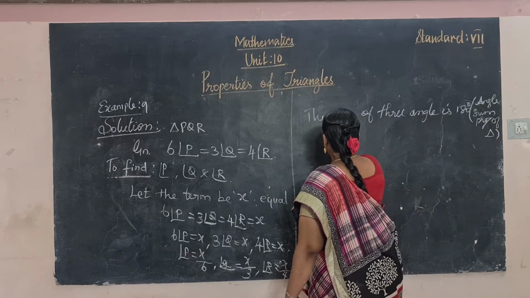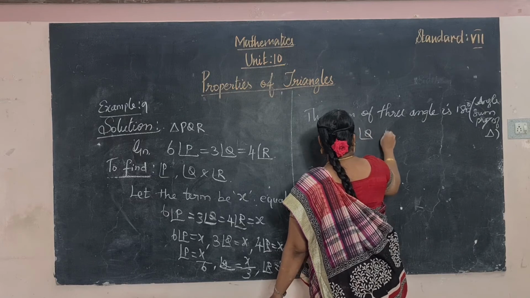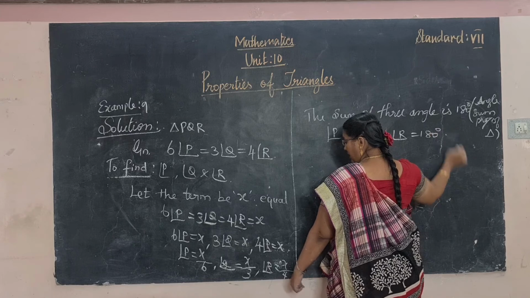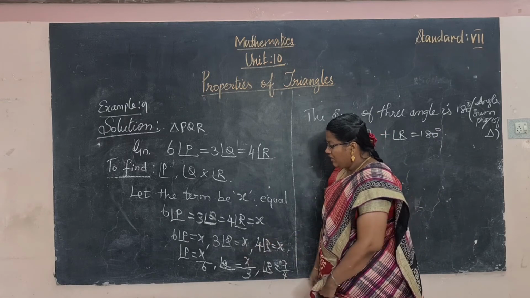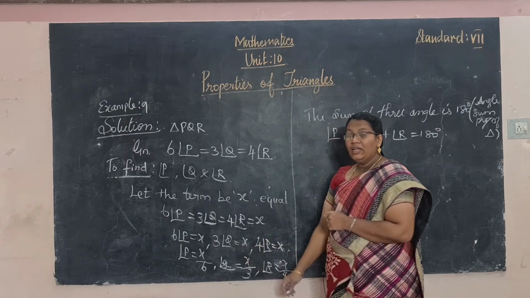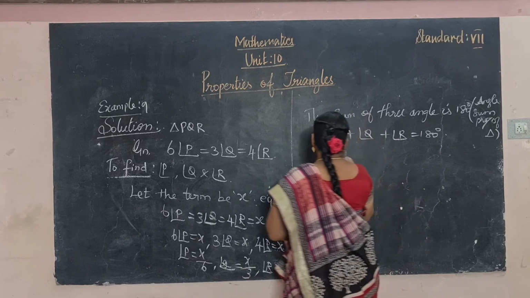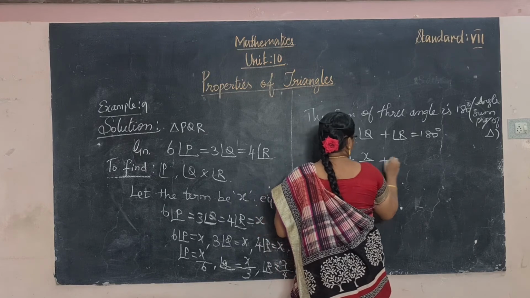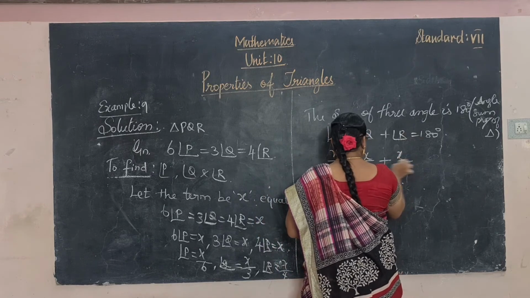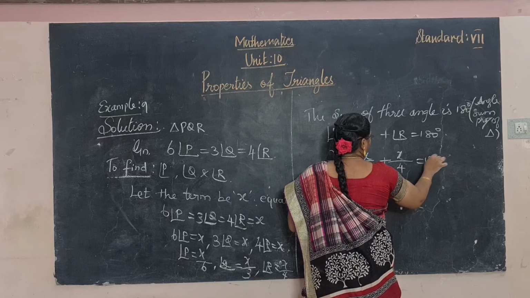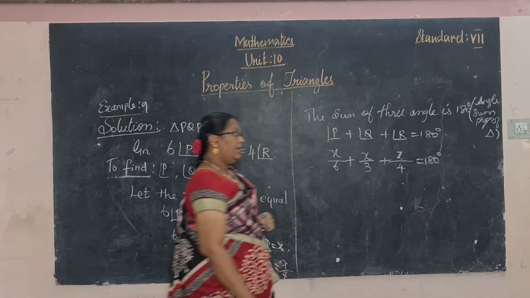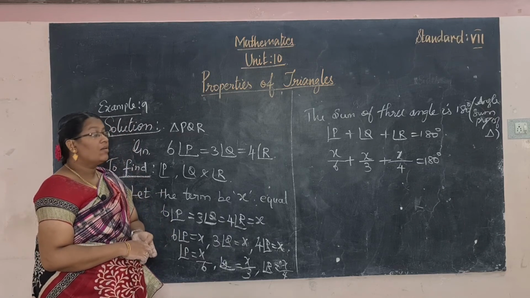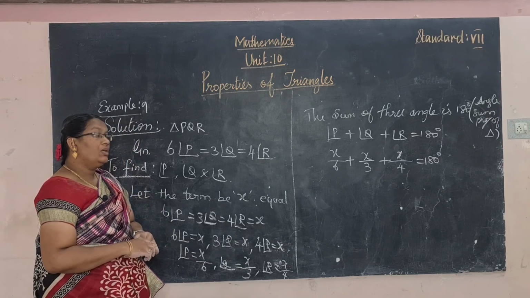So angle P plus angle Q plus angle R is equal to 180 degrees. So X by 6 plus X by 3 plus X by 4 equal to 180 degrees. The denominator values are different, so we have to take the LCM.